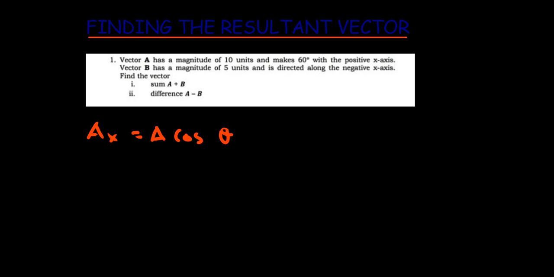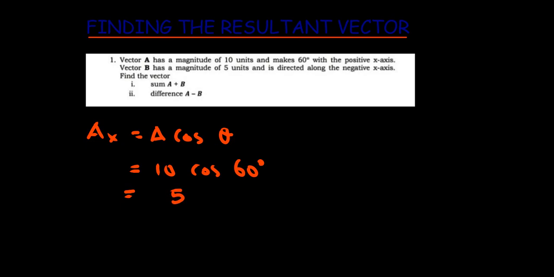We have been given the magnitude A, which is 10, and our theta is 60 in this case. When we punch 10 cos 60 in a calculator, it gives us 5.